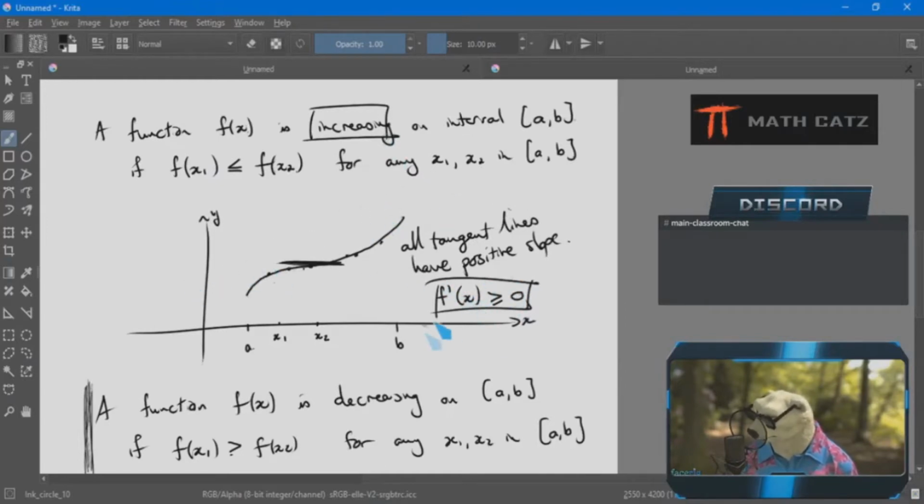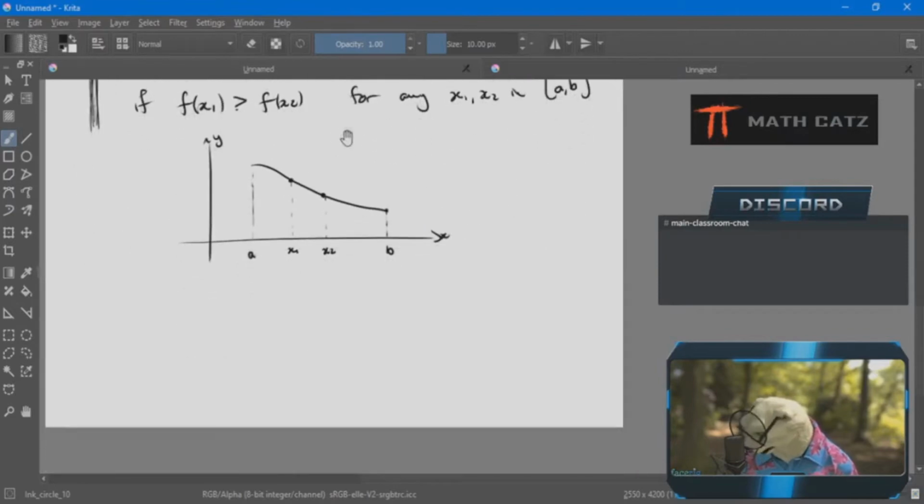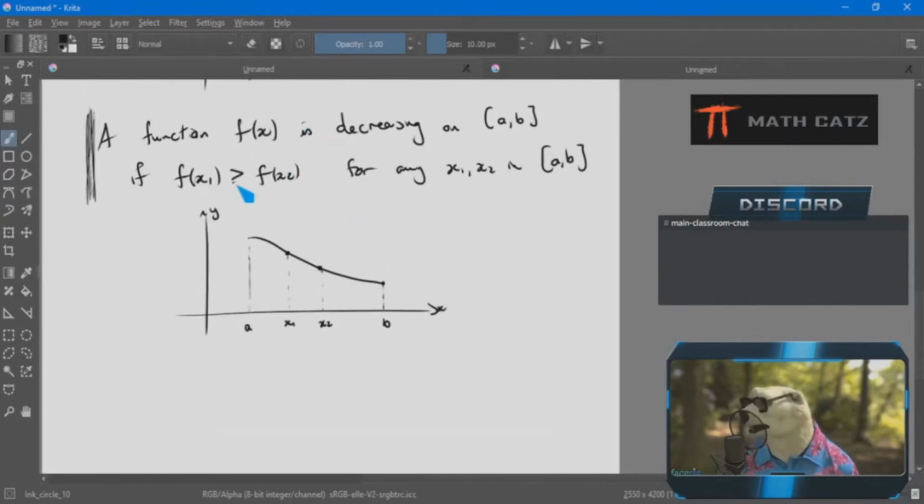I just need positive or not negative slopes. Here it's going to be the same. For decreasing, I'm going to be okay and allow the equal sign for reasons I just said. Even though it's sometimes going to be flat, my slope lines, they're always going to be negative.